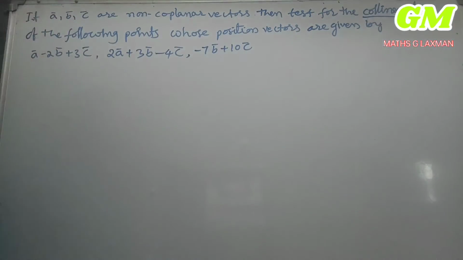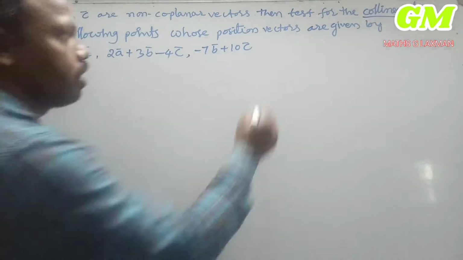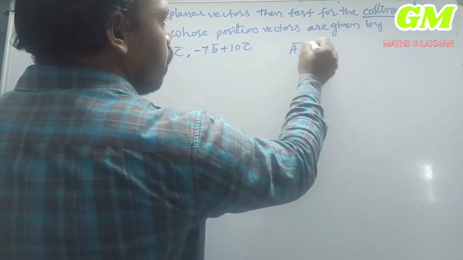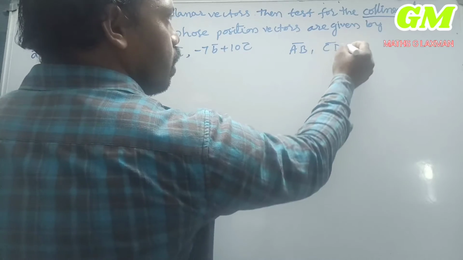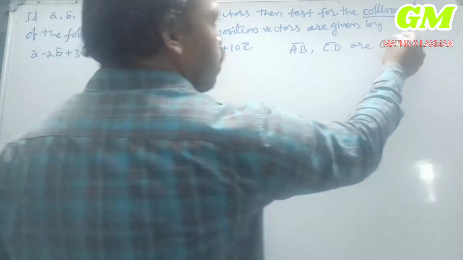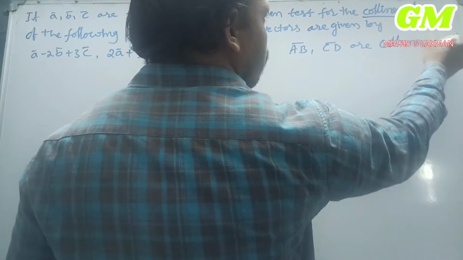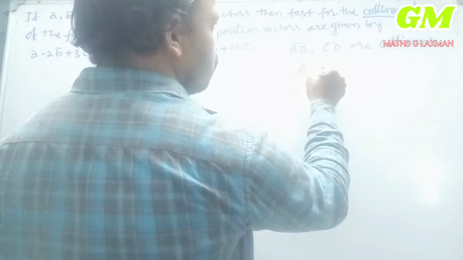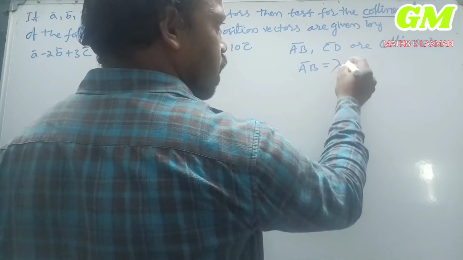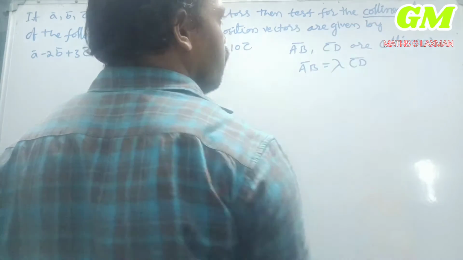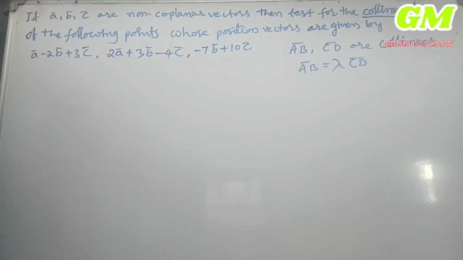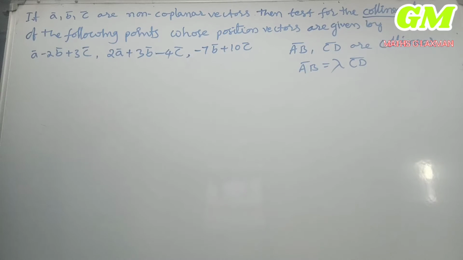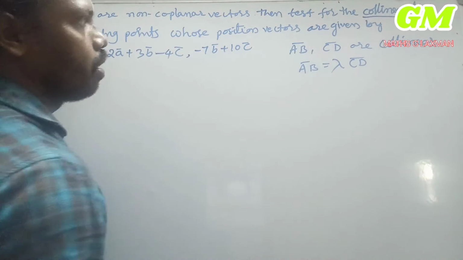If two vectors are collinear, for example, AB and CD are collinear, then we can express AB as some constant times CD.